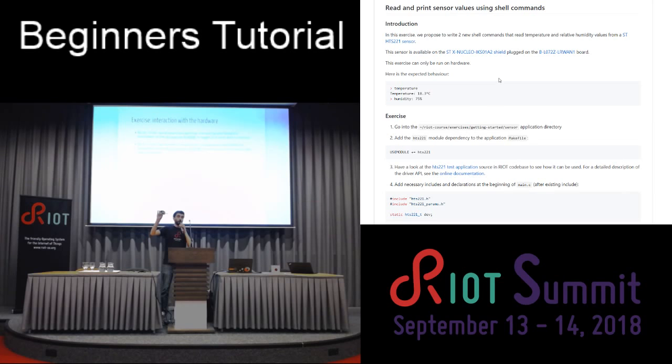There is an example application already available in the RIOT code base, in a test. The exercise invites you to reuse this and to write shell commands to read the temperature and relative humidity. Once you have done that, we will switch to the LoRaWAN part of the tutorial.